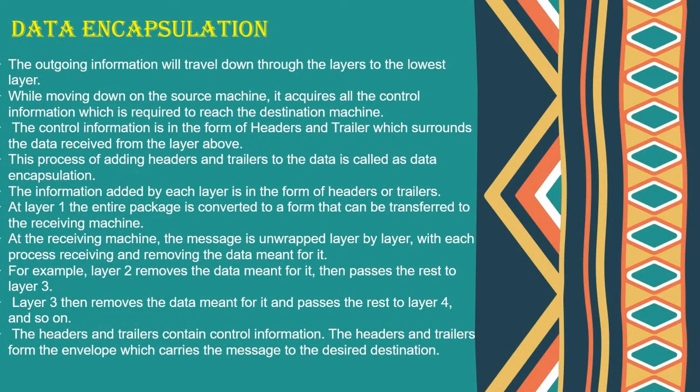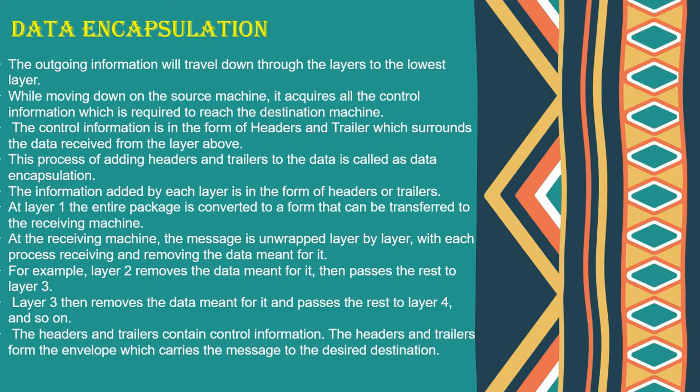Data encapsulation. Now this is the next topic. The outgoing information travels down through the layers to the lowest layer. While moving down the source machine, it acquires all the control information which is required to reach the destination machine.